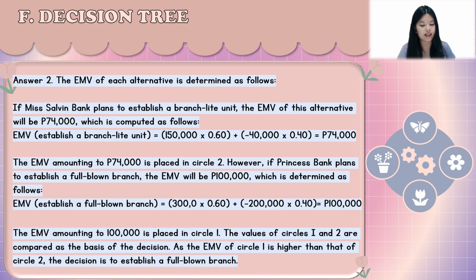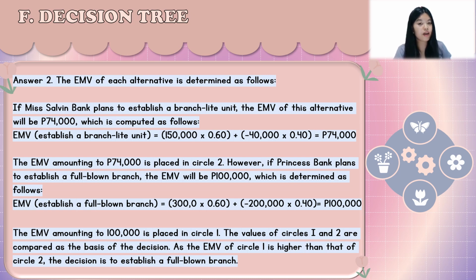So, we will end up with the EMV. Let's substitute. We have EMV is equal to 150,000 multiplied by 0.60 of favorable market condition plus negative 40,000 times 0.40 of unfavorable market condition. We have 74,000. So, this 74,000 will be placed in the circle 2 of chance node.